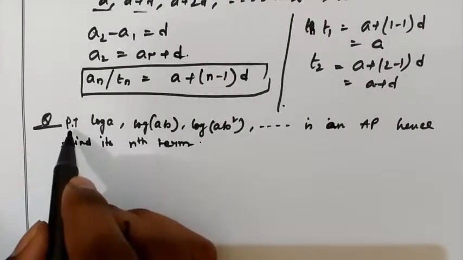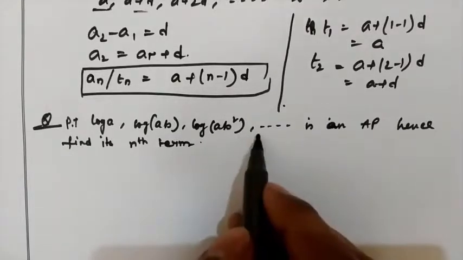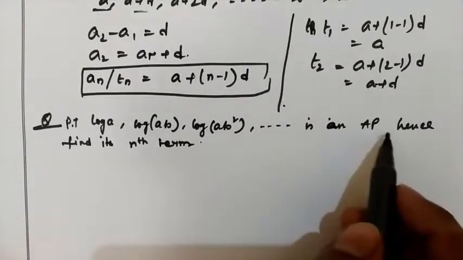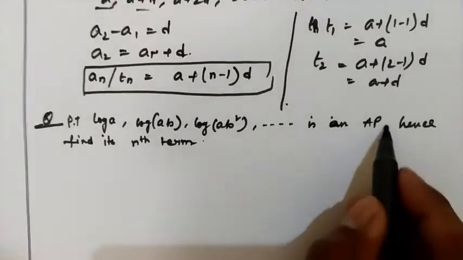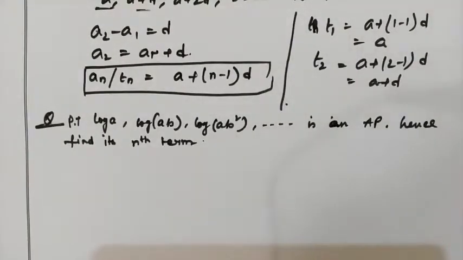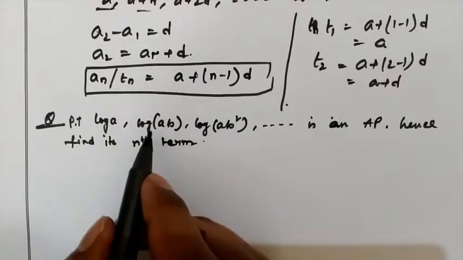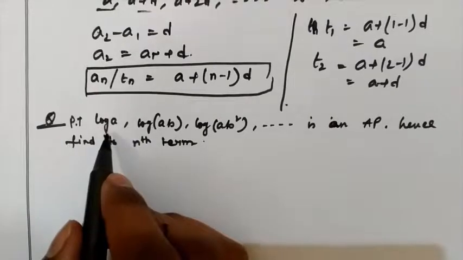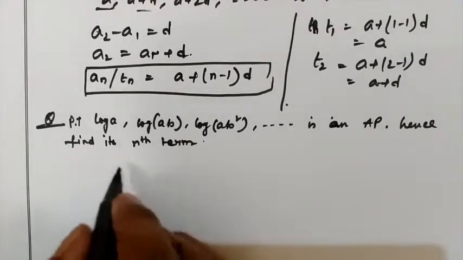Suppose the question is given: prove that log A, log AB, log AB square, and so on, is an AP, and hence find its nth term. So how can we do this? We know that for becoming an AP, the difference between any term and its previous term will be constant.